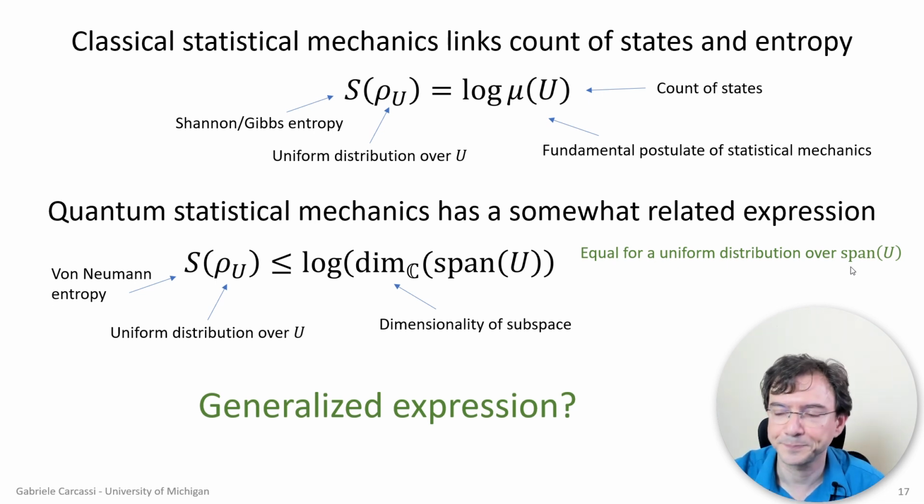And so the question is, can we find some generalized expression that links the count of states to entropy, such that we can also have a measure of count of states in quantum mechanics, so that we can, again, have a perfect formal analogy, not a real analogy, a perfect formal equivalence of the two systems, such that we can see these two theories as variations of a bigger theory.